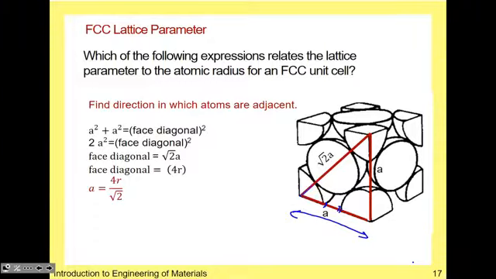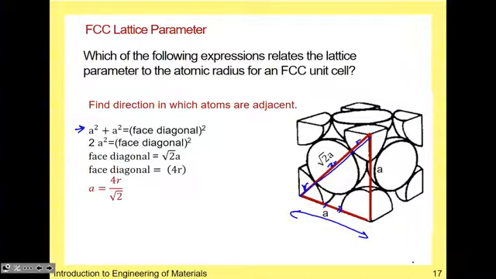But if you look at the face diagonal, you can see that there are 4 atomic radii all connected: here's 1r, here's 2r, and here's another r, okay? And so there you can relate via the Pythagorean theorem what the lattice parameter should be in relation to r. We have the triangle a squared plus a squared equals the face diagonal squared, or a squared plus b squared equals c squared.